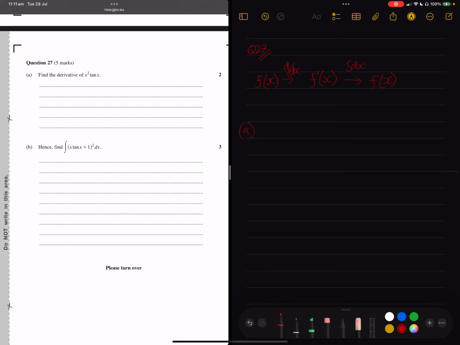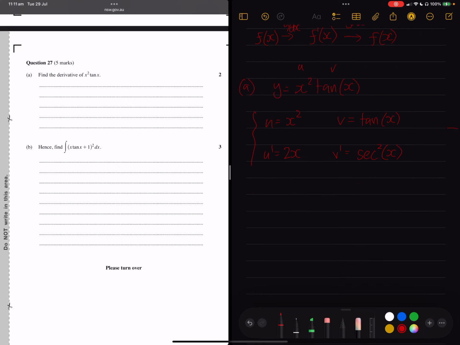So for part A, we've got our y equals x squared times tan of x. u, v, this is product rule. So u is x squared, u prime is 2x. v is tan of x. v prime, now the derivative of tan of x is secant squared, so this is secant squared of x.